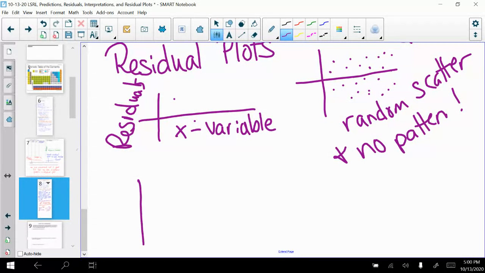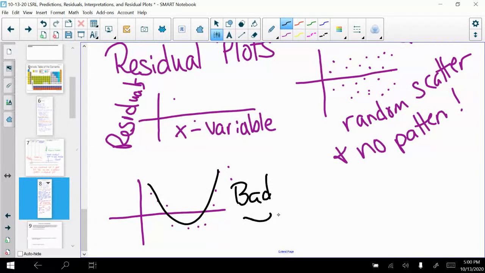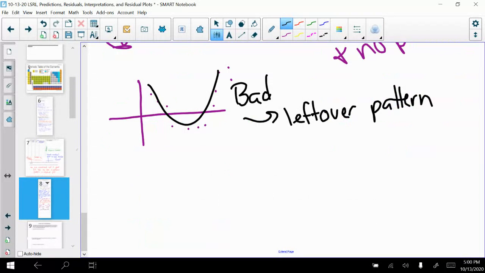So a bad residual plot would be something that looks like this. See how it goes positive, negative, positive, and it makes this nice curved pattern? That is bad in a residual plot. This is a leftover pattern. That means that our data is likely not linear and we have the wrong model.